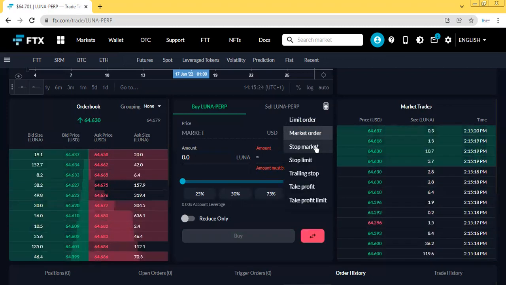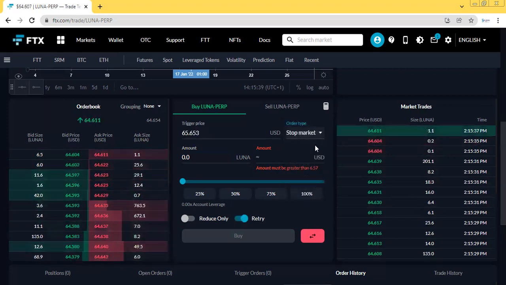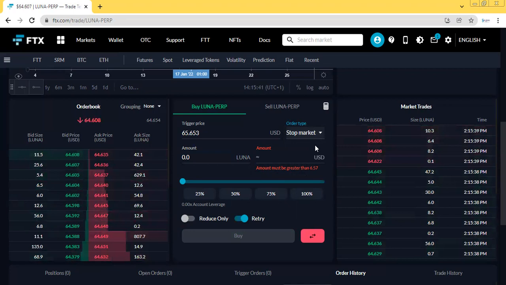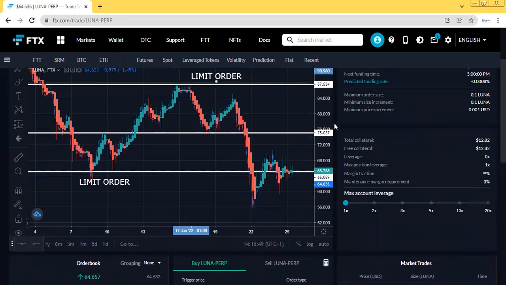Another one is called stop market. What is stop market? Let me show you an example of stop market.